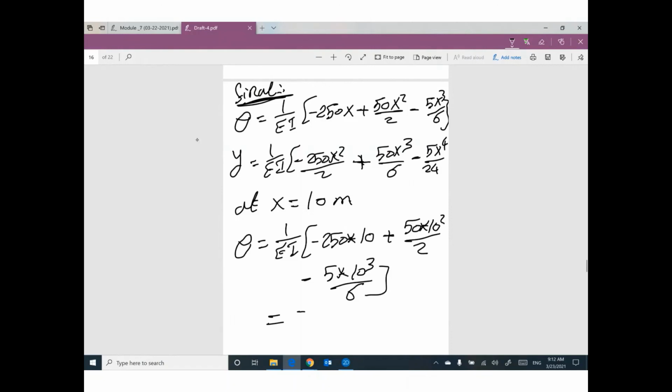What is the value? This value will be negative 833.33 divide EI.